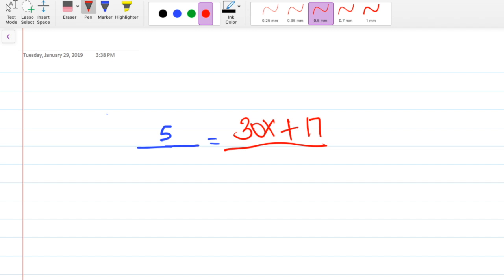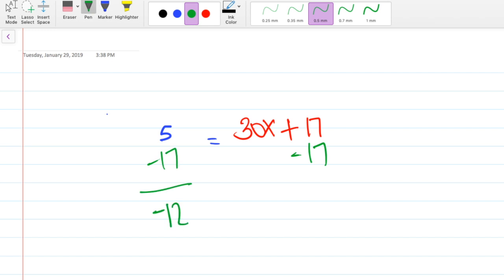So let's do green. So 5 equals 30x plus 17. Let me get rid of those lines too. Subtract 17. That gives you negative 12 equals 30x.